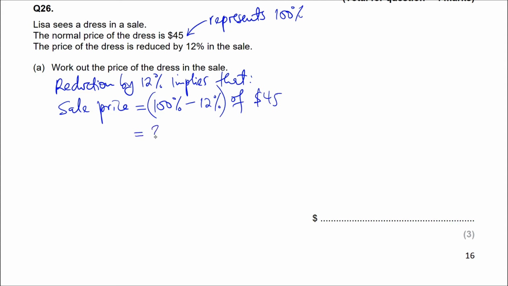So that will be equal to 88% of $45. So that will be 0.88 multiplied by 45, which will be equal to 39.6.